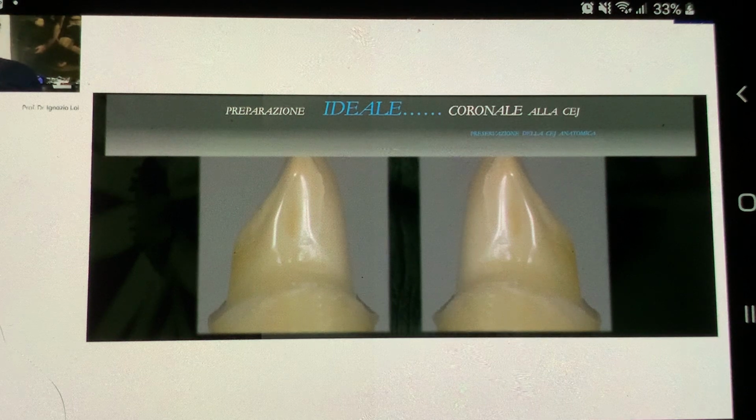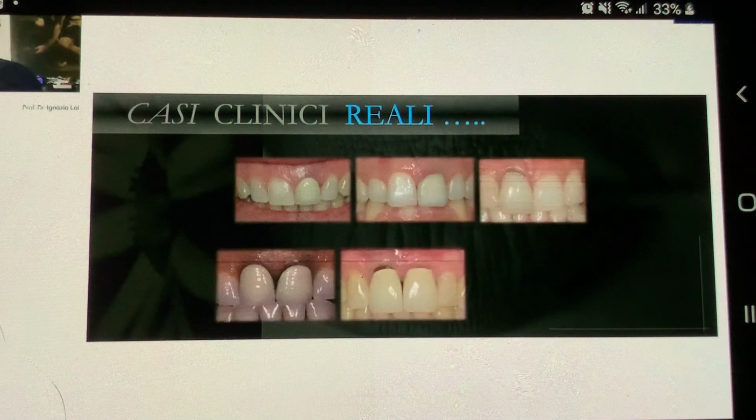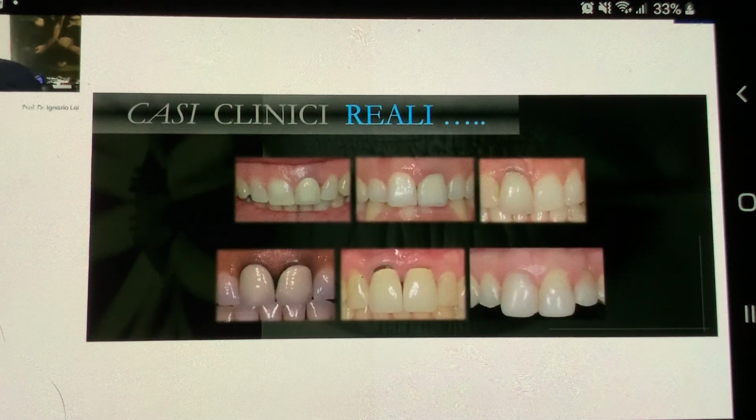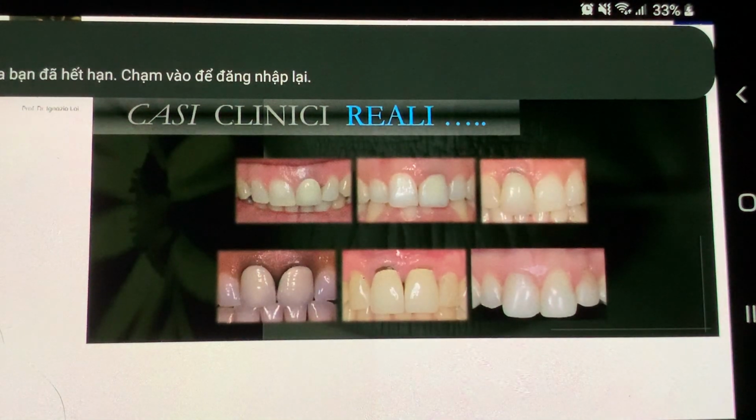But actually, what happens in clinical practice every day is that all the preparations, or at least most of them, since they exceed the CEJ, go from an anatomic dominance to a prosthetic dominance, and as you can see, then there is a series of discrepancies and apical displacements of the gums, and then what can happen for a whole series of reasons: contours, subcontours, abrasions in the marginal part, and recessions of the tissues.